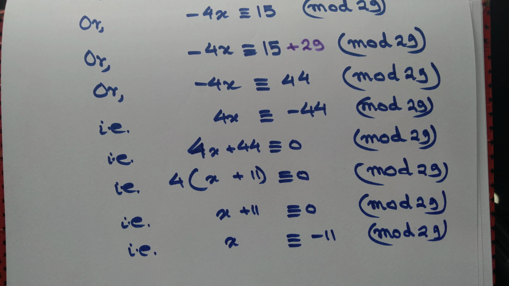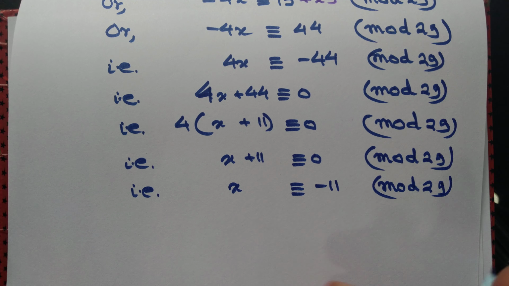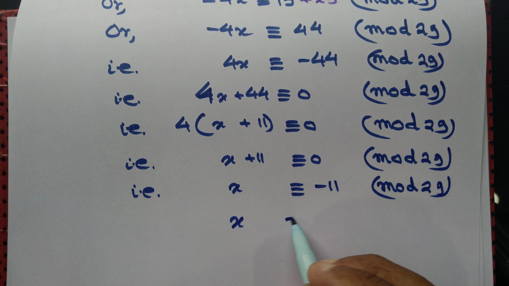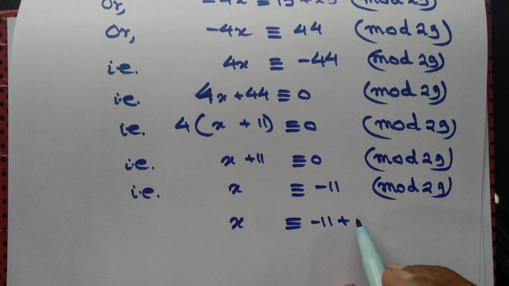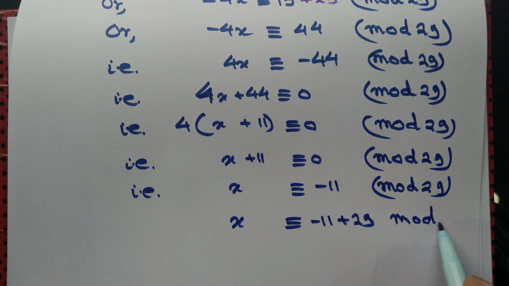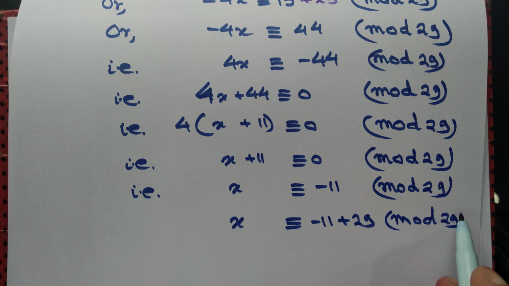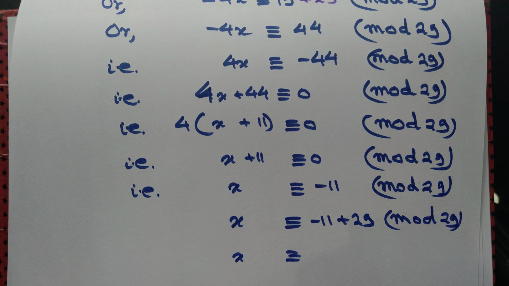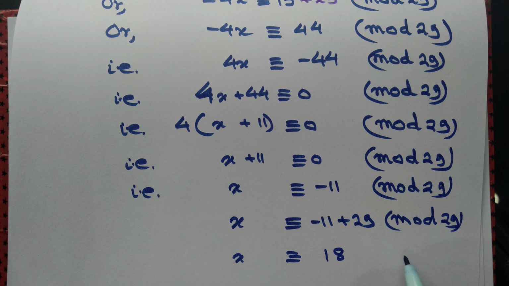Well, we don't want a negative number, so we just add 29. That is, x is congruent to minus 11 plus 29 mod 29, and so x is congruent to 18 mod 29.